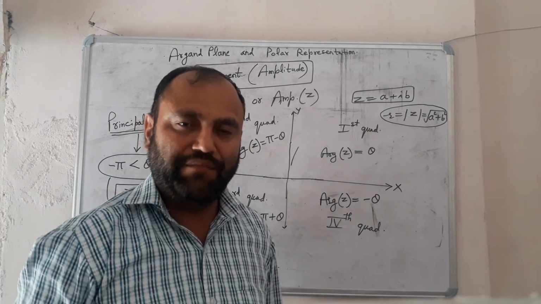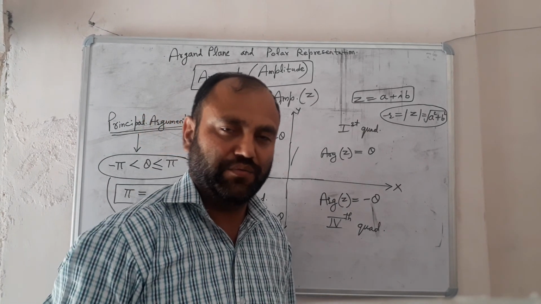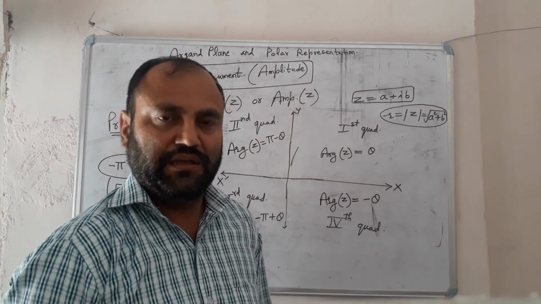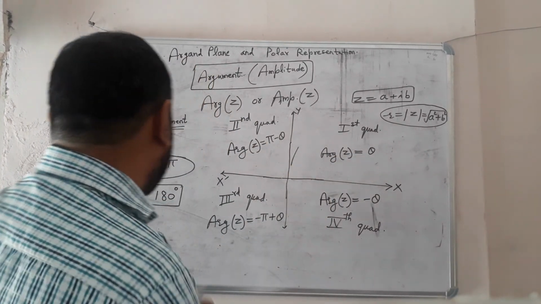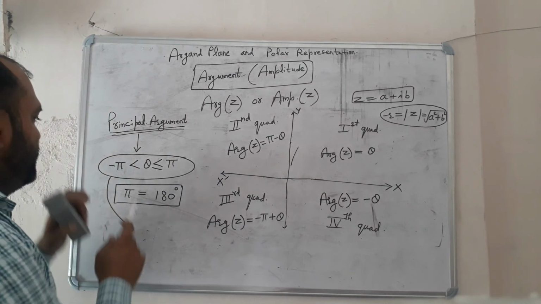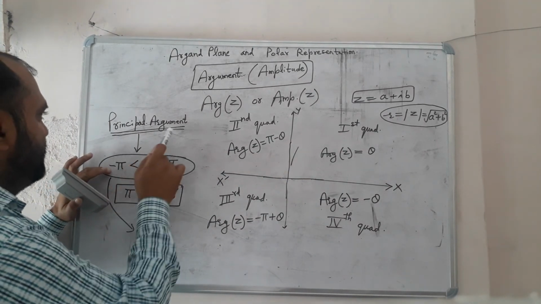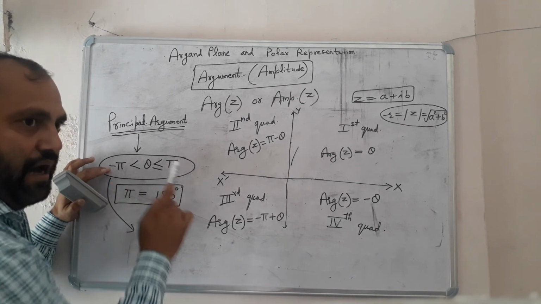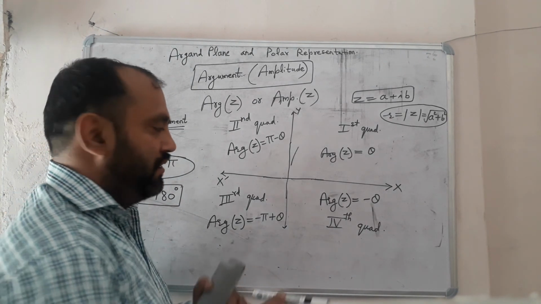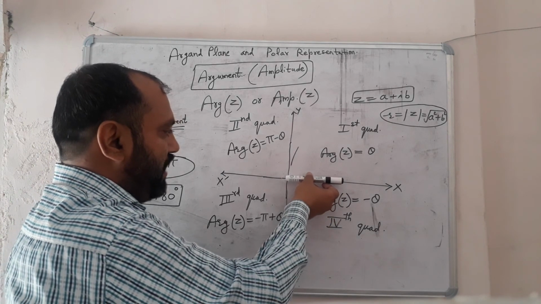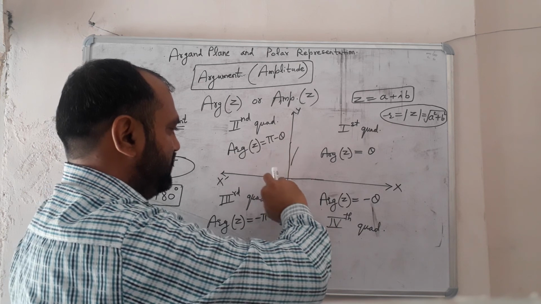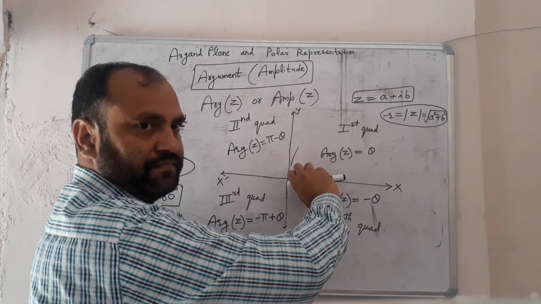So you have to remember these formulas to find arguments. And this pi is 180 degrees, and you should know that the principal argument lies between minus pi and pi. Otherwise, if I move anti-clockwise, this is one rotation, 0 to 360.